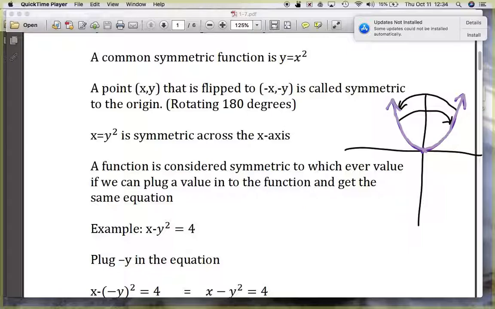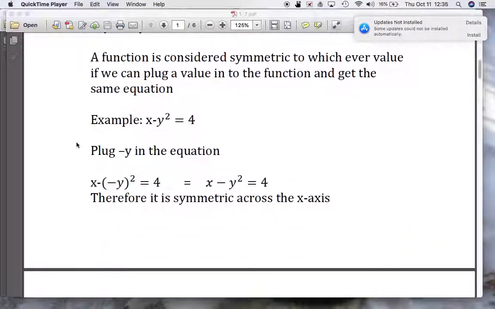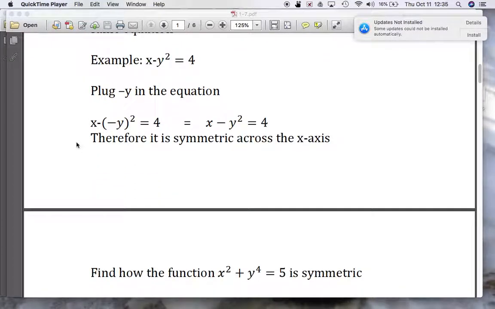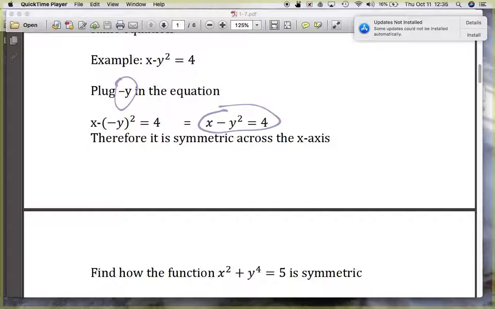So it is considered symmetric when we can plug in a value and get the same thing out, whether that number be positive or negative. So like here, if I plug in 5 for y, or you can plug in a negative y like it says, I'm still going to get the same thing because negative y squared is equal to a positive y squared, so it's the same function.